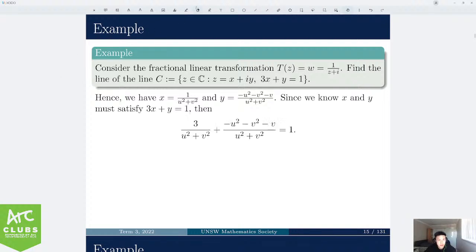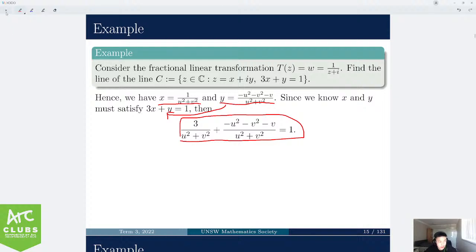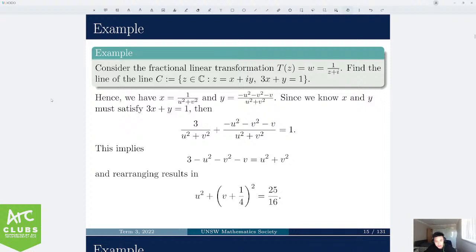Now again, as we said before, since we have x and y as functions of u and v, we can then sub these into 3x + y = 1 to get this thing over here. So rearranging this equation, we finally end up with this thing over here.